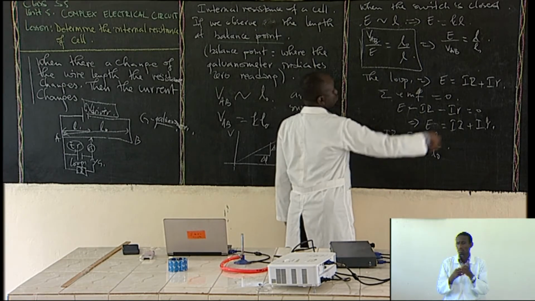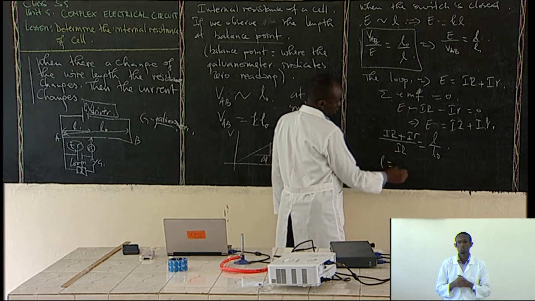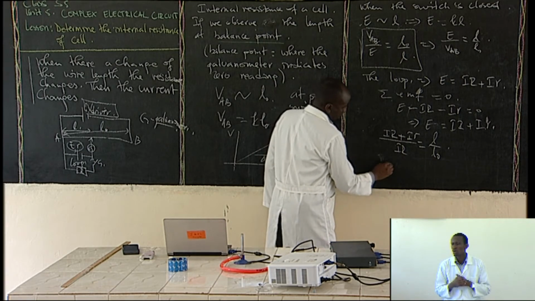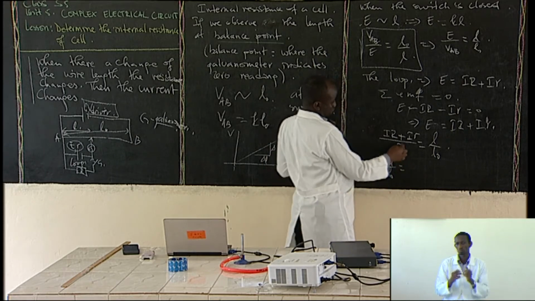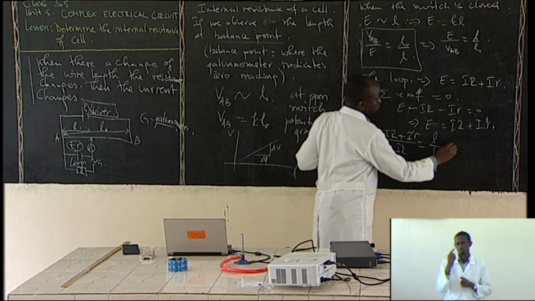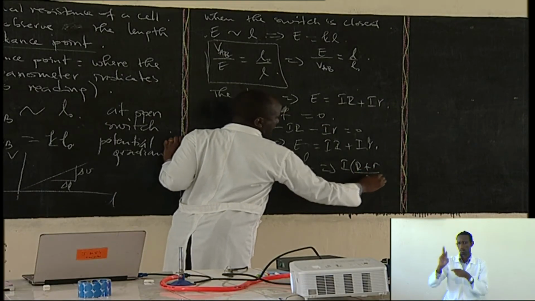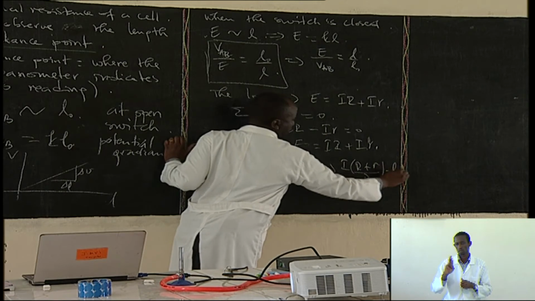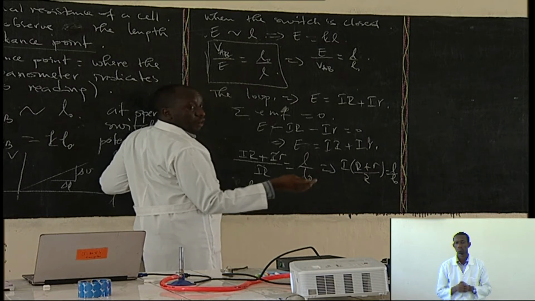So we cross multiply, and then what do we find? We are going to find L over L0 equals, this we cross multiply, but this one is simplified because it is common. Here we have I, this is R plus r over R, equals L over L0. And so what do we find?